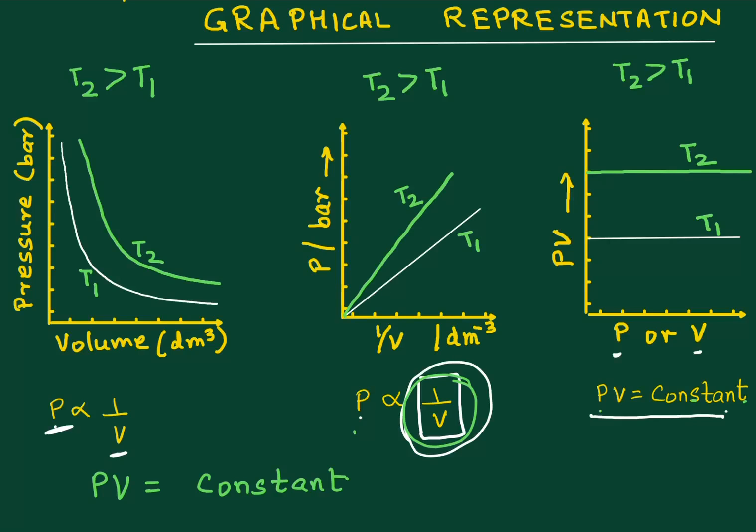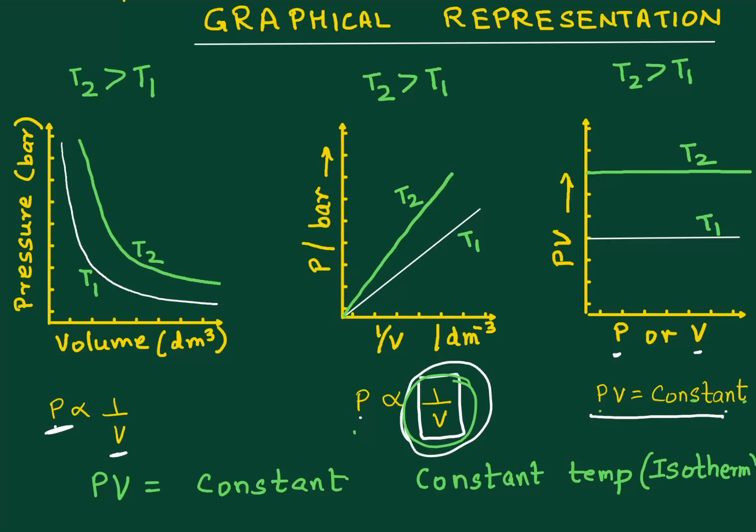Now, what are these graphs called? The first graphs that we drew are drawn at constant temperature. That means the temperature does not change. What are such lines called? Temperature is remaining the same. So, isotherm.